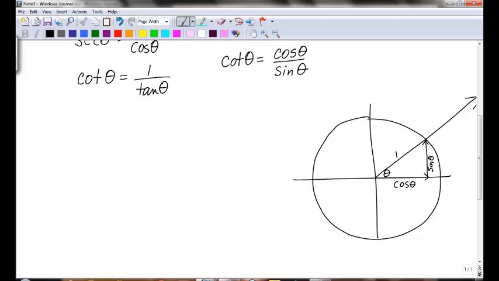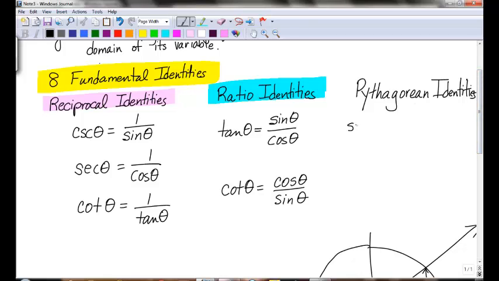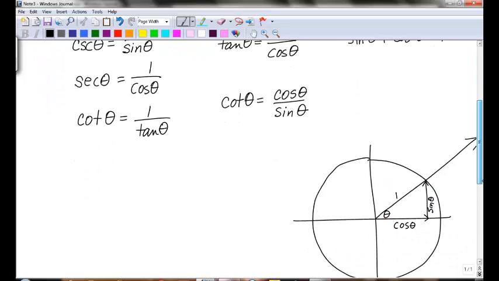Now in terms of that triangle, Pythagorean identity, you could say sine squared plus cosine squared equals 1 squared. So one of the Pythagorean identities, and this is how you write it, is sine squared theta plus cosine squared theta equals 1. In any right triangle, it works. Because these are identities, it works for every angle that is in the domain.